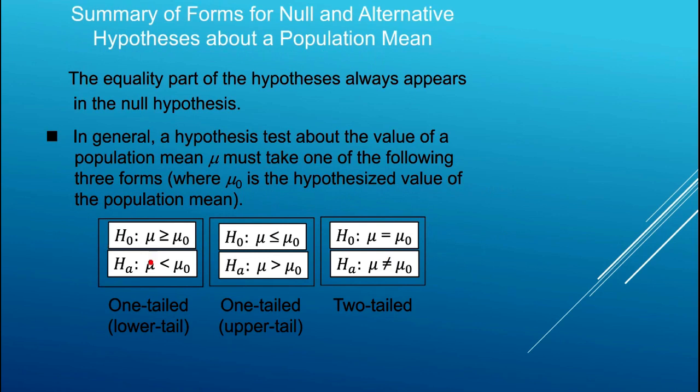So there are three ways that we can formulate a hypothesis test. There are one-tail tests, of which there are two examples, and I'll cover the middle one first. And then there are two-tail tests. With our one-tailed, lower-tail test, we're going to find evidence against the null hypothesis when our sample value is far below the hypothesized value.